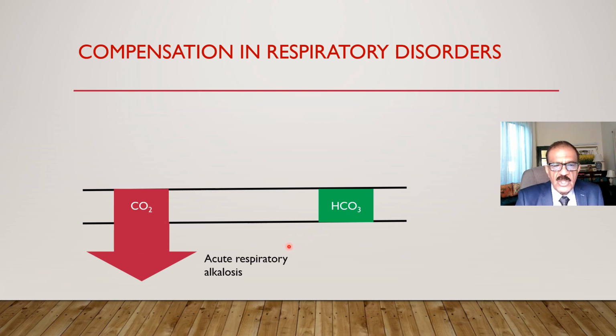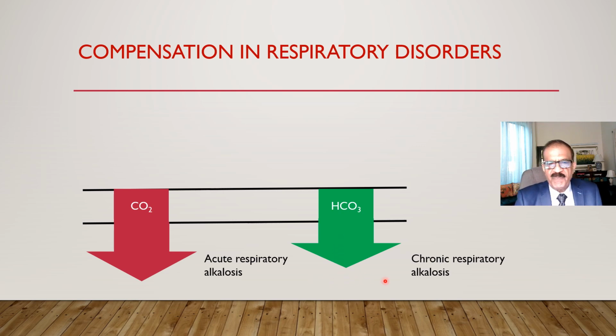But as the condition becomes chronic, bicarb will also be removed from the body. The level will come down. So then you can tell that this is chronic respiratory alkalosis. So you can differentiate between the acute and chronic respiratory disorder from the fact whether or not bicarb is increased or decreased.